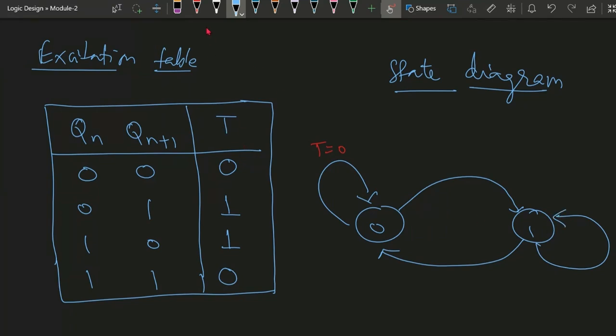We need to find out the value of T. If Qn is going from 0 to the next state 1, T should be 1. If it is changing from 1 to 0, T should be 1. If it is remaining in the same state, T should be 0.